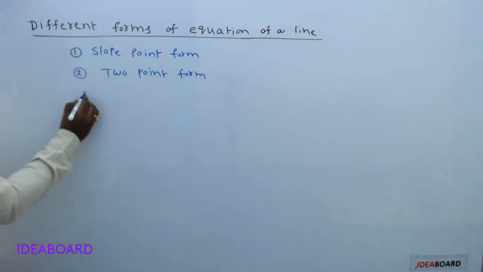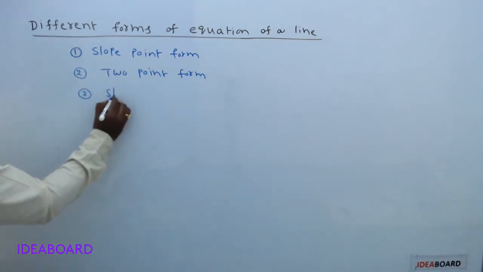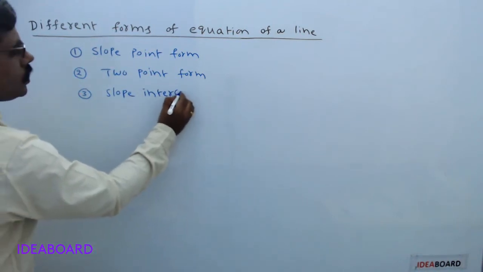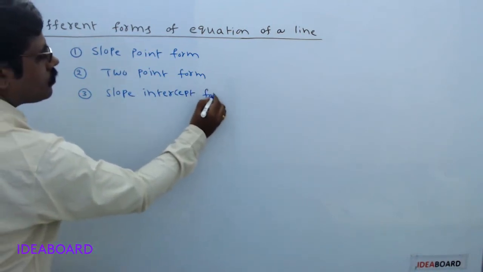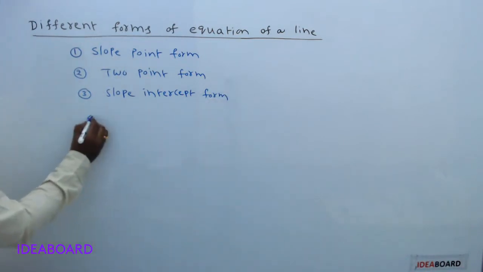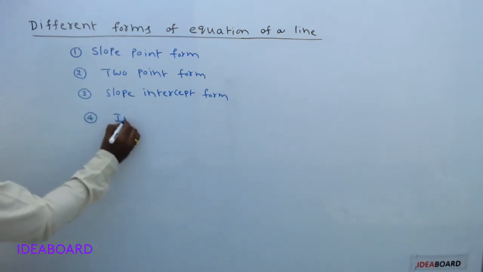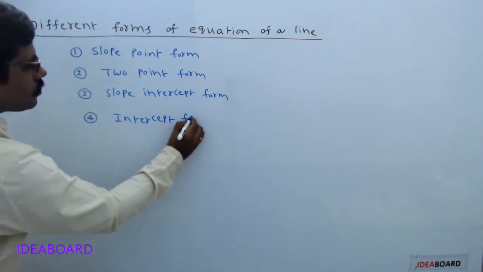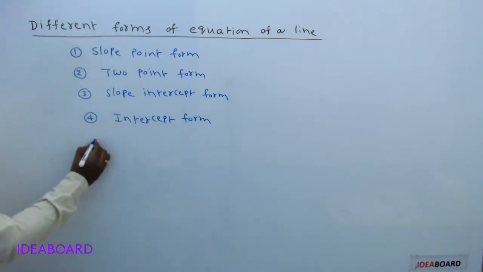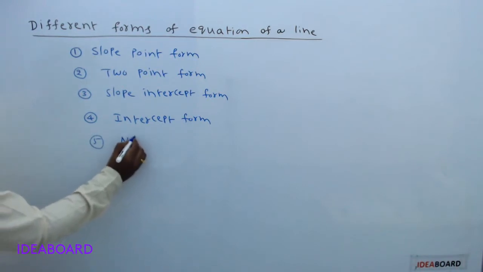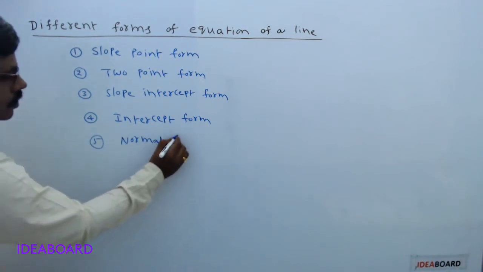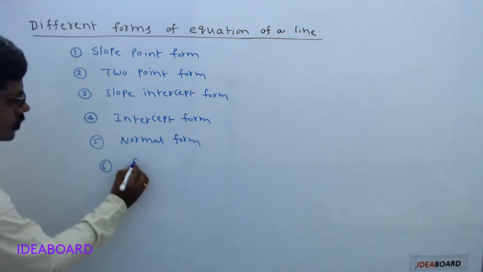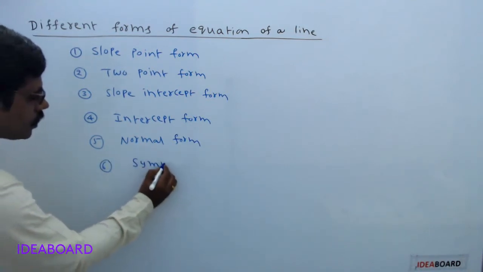Third one is slope intercept form. The next one is intercept form. Fifth one, normal form. The last one, symmetric and parametric form.